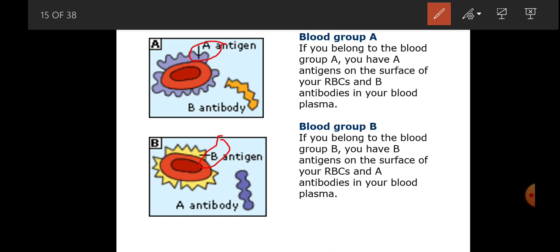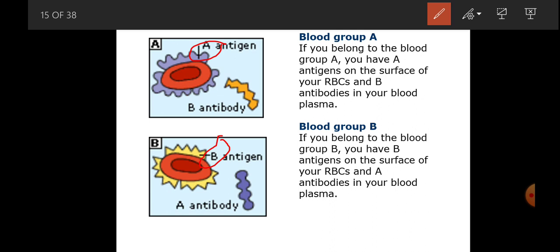Antibodies are produced by leukocytes, or what we call the white blood cells. And should the body produce antibodies that do not match with your blood, then the blood will clump, because the red blood cells are going to do what we call agglutination. They are going to clump together, they will clot, and this leads to death.